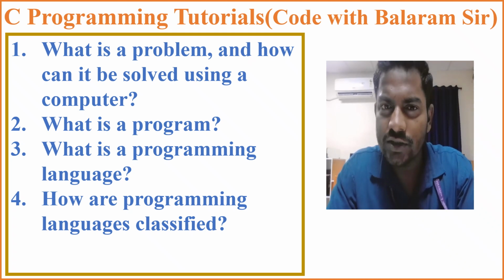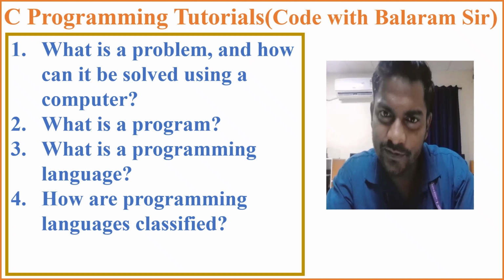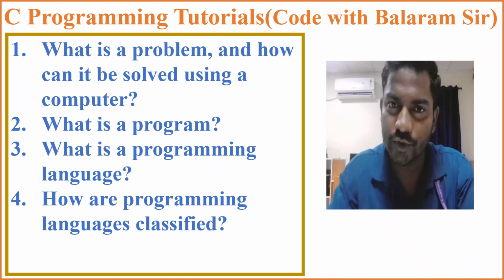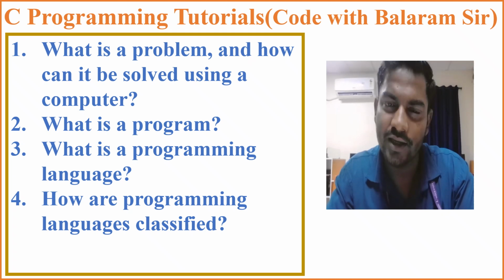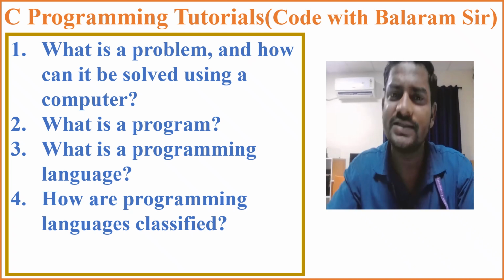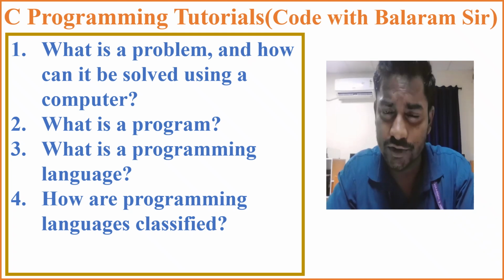So in the previous question, we understood that we have to give some input and computer will process that input and computer will give the output. So the process of giving input is called instruction. Okay. So you have to give some instruction to the computer. Computer will analyze that instruction and computer will give the output.